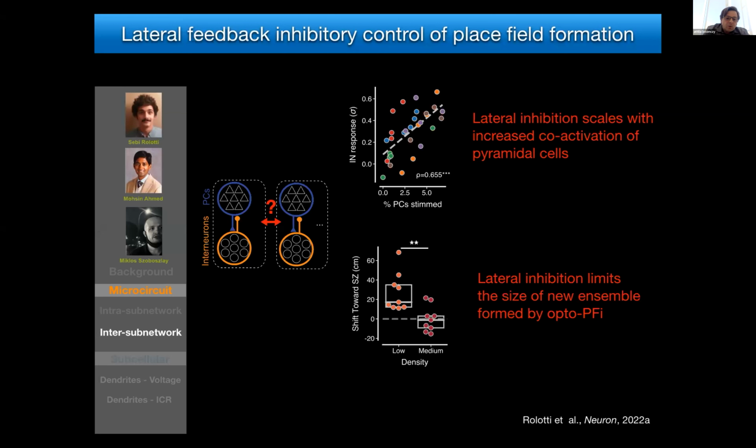So these results together are consistent with the model that these subnetworks in CA1 interact mainly through lateral inhibition, and this lateral inhibition constrains the size of the new ensemble that can be formed.